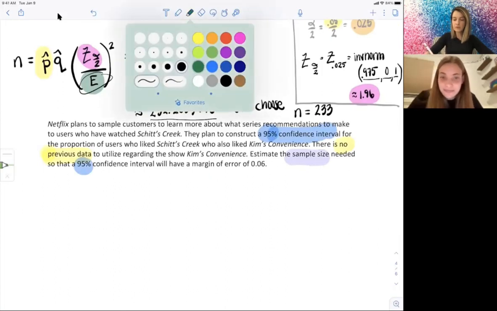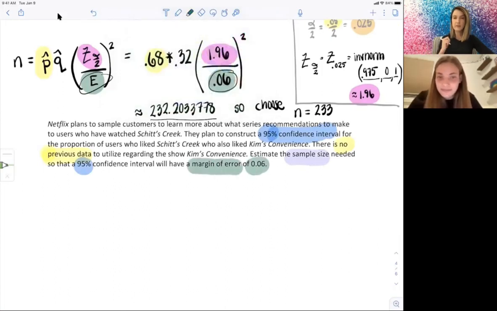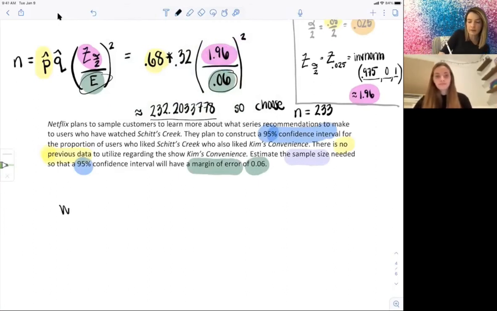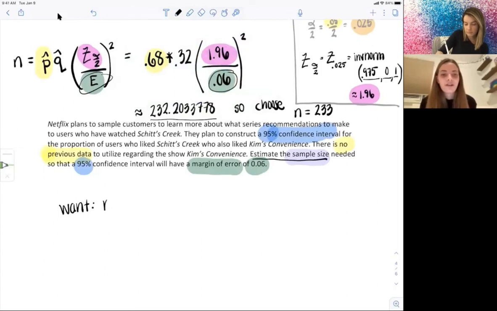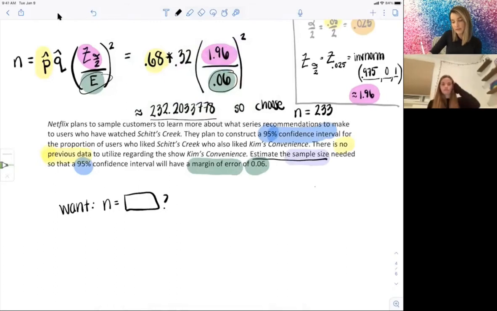Cool. So we're still wanting the same margin of error. Still same confidence level. That makes our life easy. And what is this problem asking us to look for? So we want the sample size again for a confidence level of 95%. Right. And a confidence interval of 95% has a confidence level of 95%, so you're absolutely right.